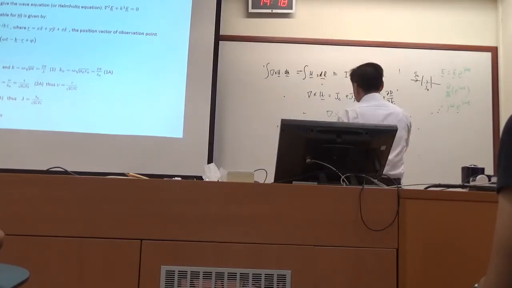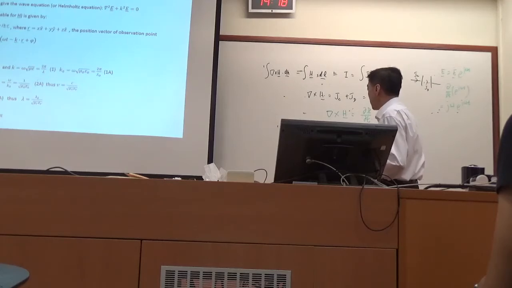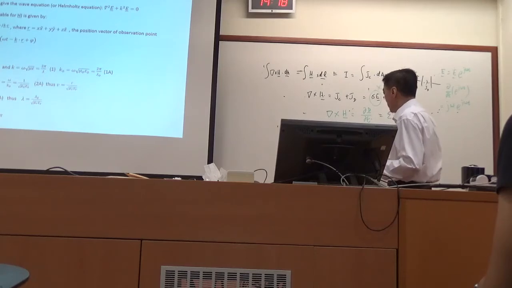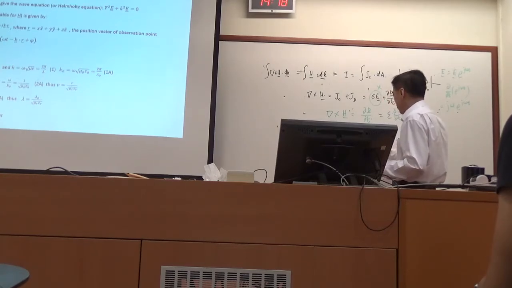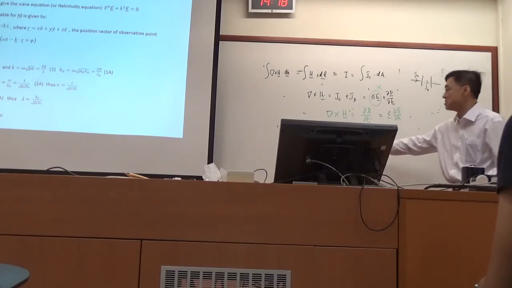For lossy medium, I must now have curl of H equal to sigma E plus del D del T. I must include this one now.